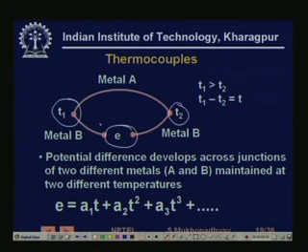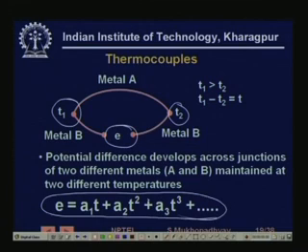This effect is called the Seebeck effect, and this EMF can be related by some polynomial like this, and people use 7th degree, 8th degree polynomials to capture this variation. This EMF variation is called a thermoelectric EMF or thermo EMF.